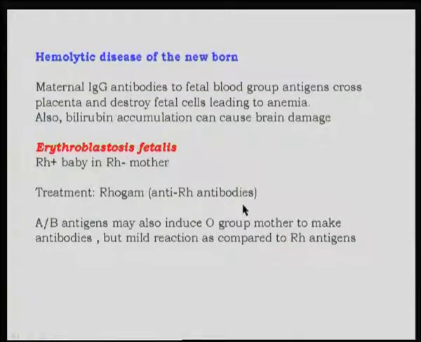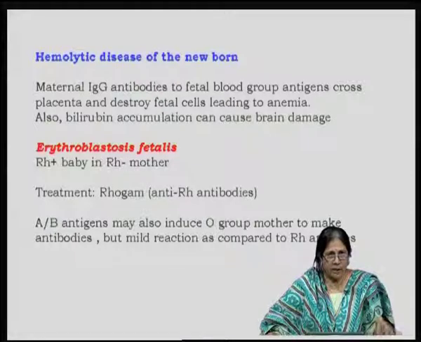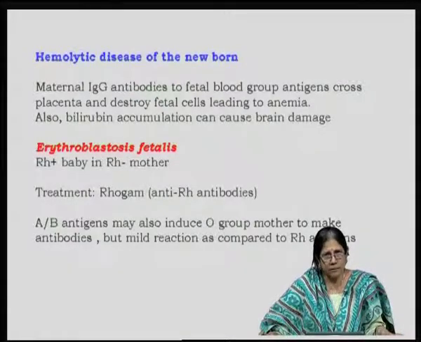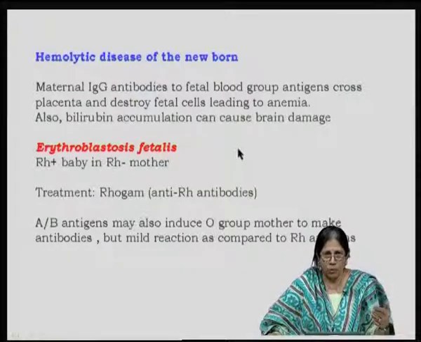Is there any treatment for this kind of case? Of course, yes. Now, it is much simpler, one knows what blood group one belongs to, and a mother who is Rh negative, if her husband is Rh positive, and if they find that the fetus is Rh positive, then soon after the birth of the first child, within 48 hours, the mother is given anti-Rh antibodies called ROGAM, and these antibodies lyse any fetal cells that are in the mother's circulation, and you know that these antibodies would be very efficient in doing that, and thereby the mother's B cells would not evoke an immune response at all, even before they become memory cells.